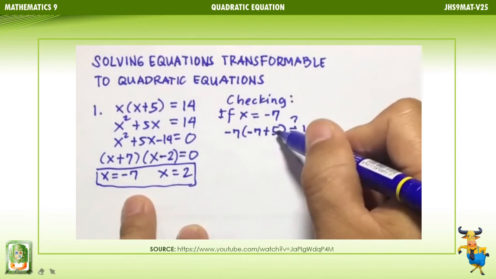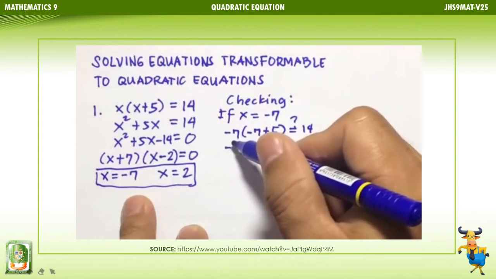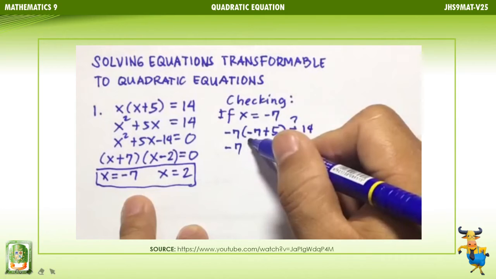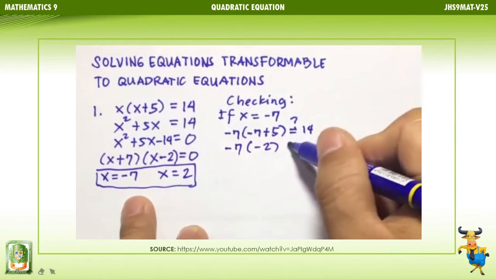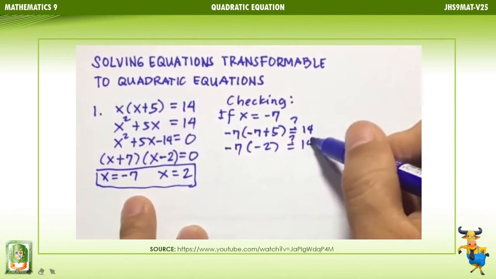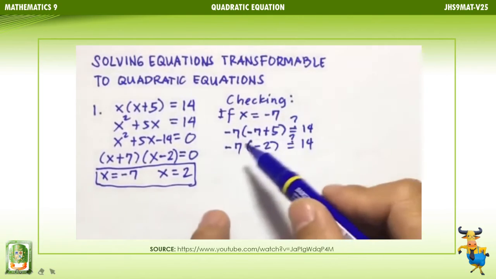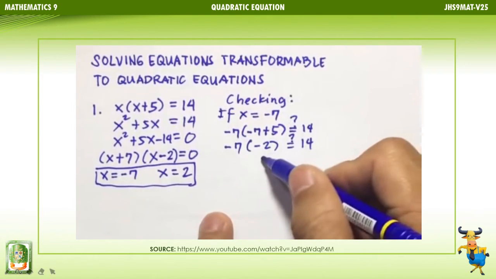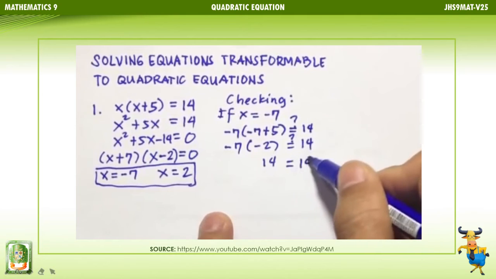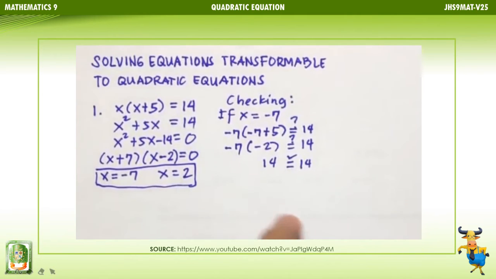Then negative 7 plus 5 is negative 2, so negative 7 times negative 2, is it equal to 14? Negative 7 times negative 2 is 14. So your answer here is correct.